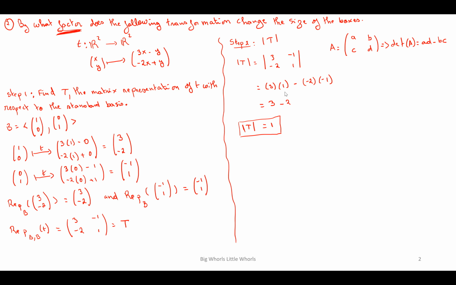And we can also find the factor by which the original box is multiplied under a transformation, by using the method I have just shown you here, which is simply to find the determinant of the matrix representing that transformation.